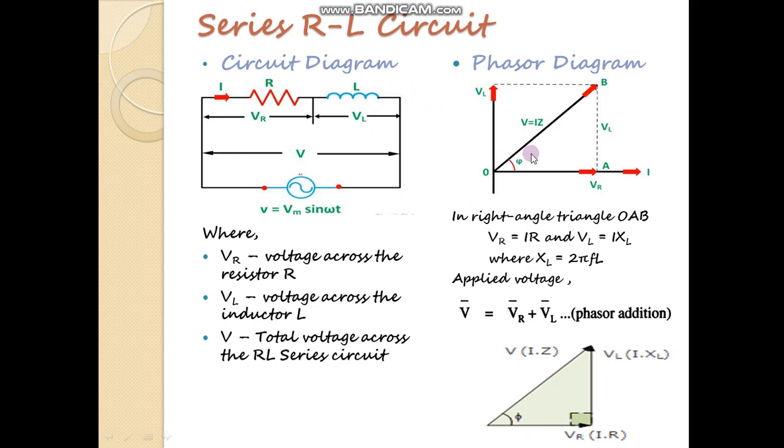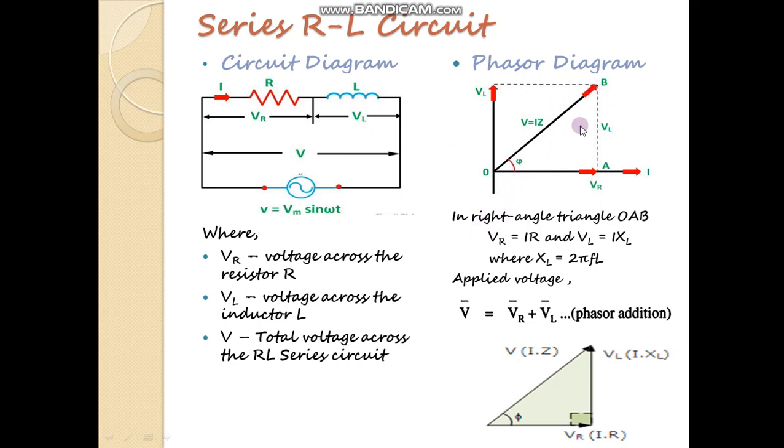After that we have to find the phase difference phi. The phase difference will come between the supply voltage V and current I, so this phi will be written here.